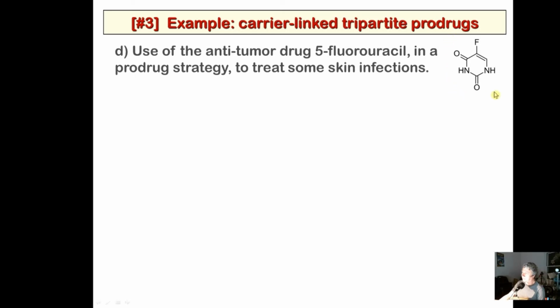But with the fluorine, it's non-natural, and it's a pretty effective anti-tumor drug, because this interferes with the rapid replication in a tumor cell. Anyway, it's also used in skin infections. So certain nasty bacteria or fungi, we can actually feed this into the bacteria or fungi, and that'll kill them.